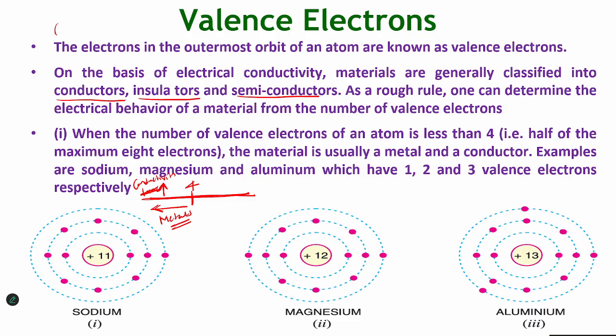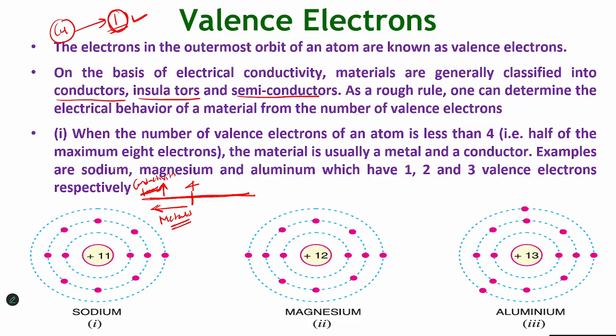Copper is there. Copper has a valency of how much? One. Valency one means it is related to group 1. So as you go this way, conductivity increases and these are metals. As you go this side, what happens to conductivity?